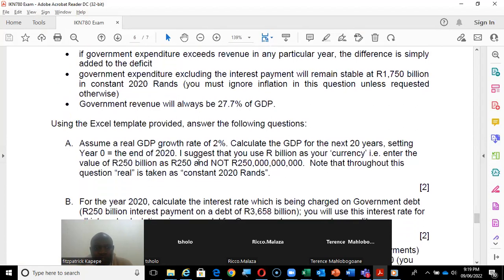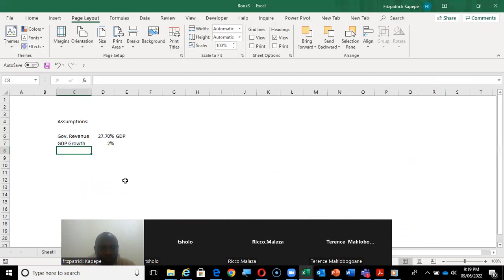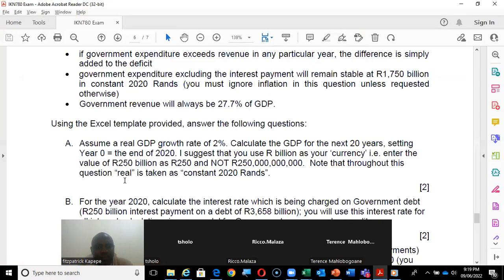In year zero, at the end of 2020, if you use billion as your currency, enter the value of 250 billion as 250. Okay. So in year zero, which is 2020, so say year 2020, what is there? Okay, we'll look at this first.